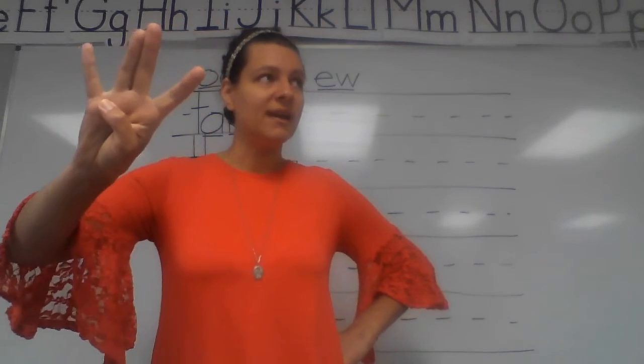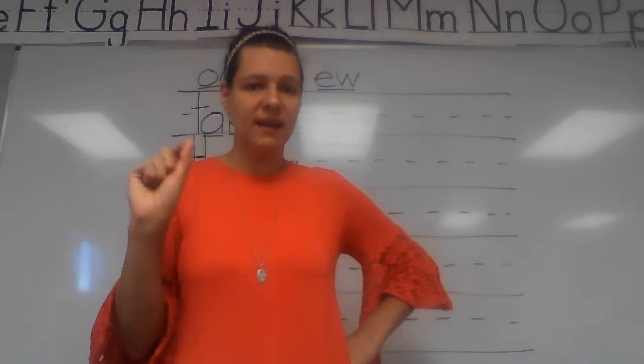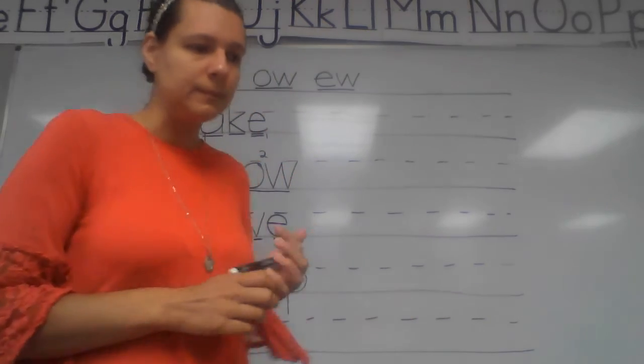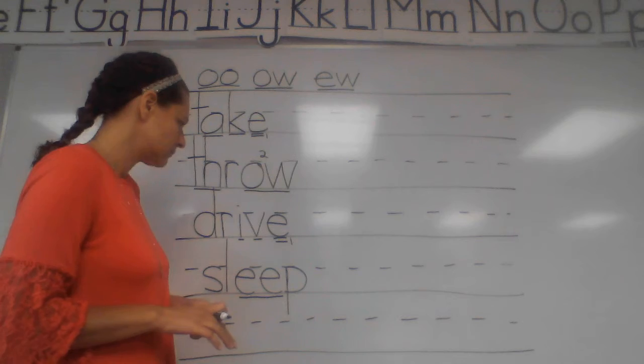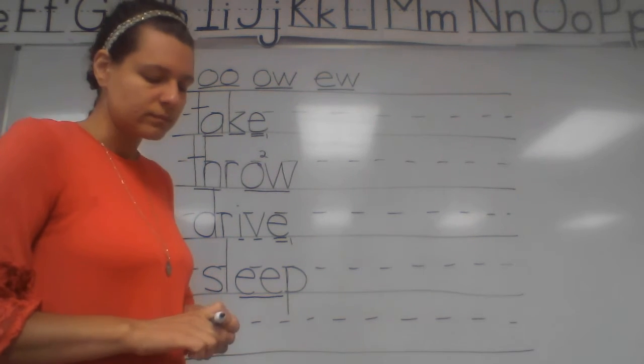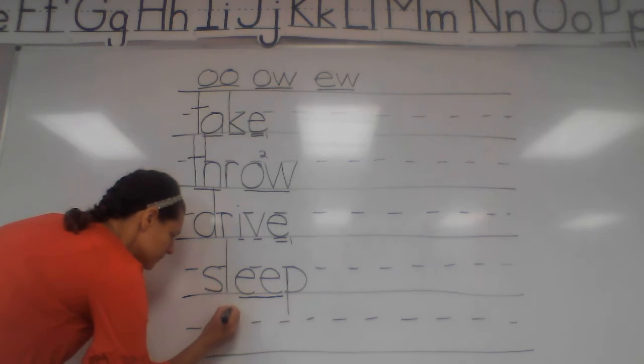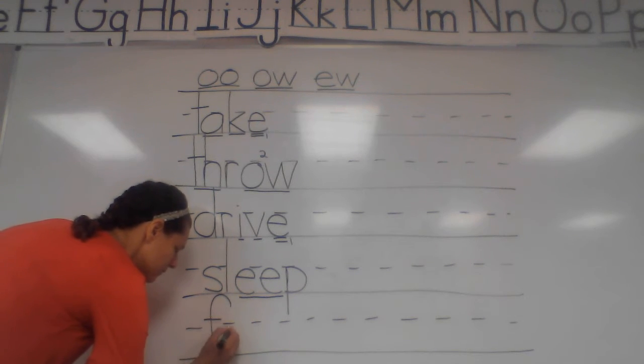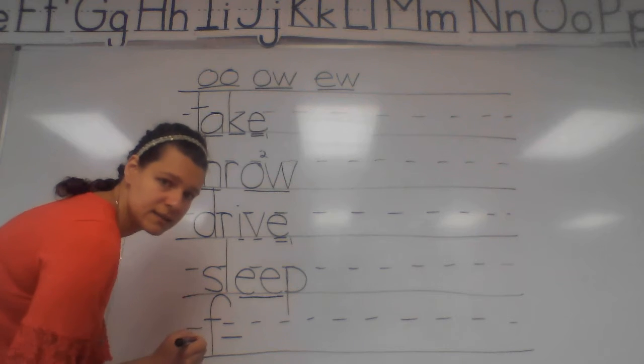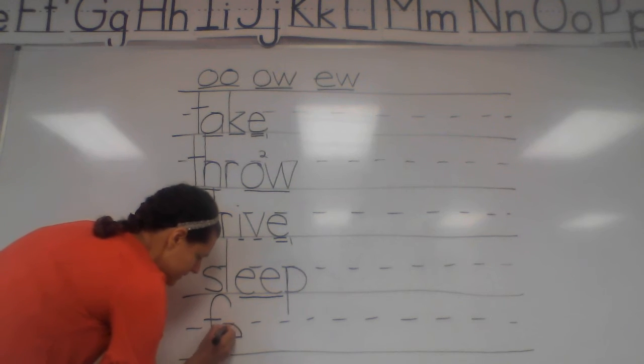Good. E-double-E. Go ahead and write feed. Say the sounds while you write them. All right, class, what do I need to write to spell feed? Which E? Good. E-double-E. Always says E.